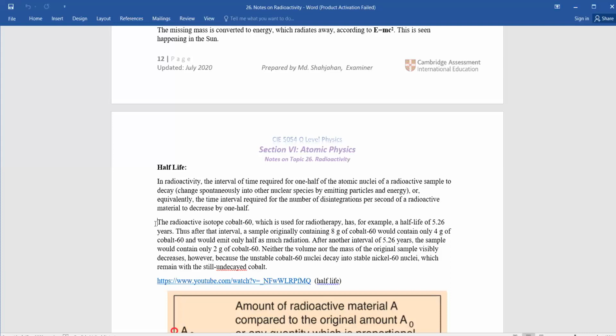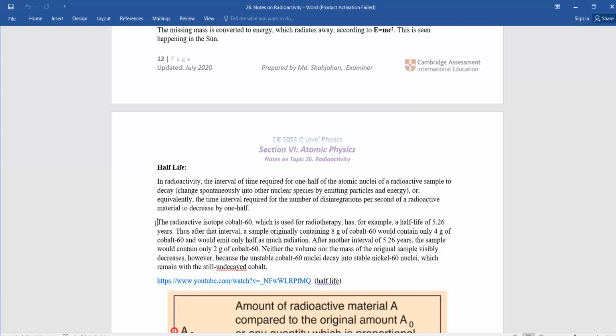After another interval of 5.26 years, the sample would contain only 2 grams of cobalt 60. Neither the volume nor the mass of the original sample visibly decreases, however, because the unstable cobalt 60 nuclei decay into stable nickel 60 nuclei, which remain with the still undecayed cobalt.